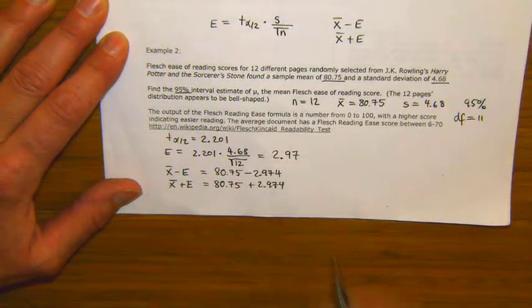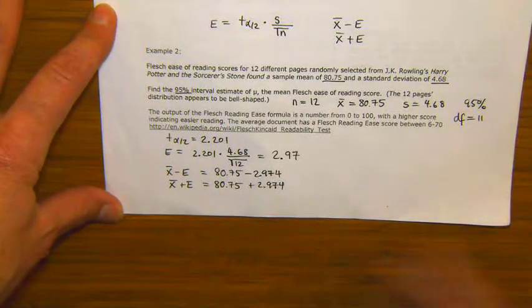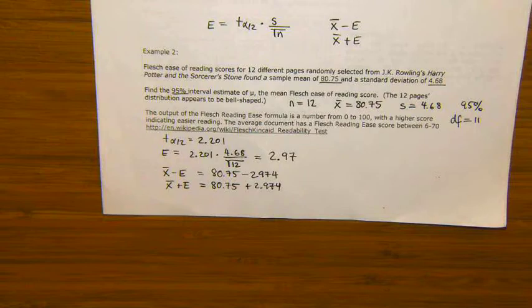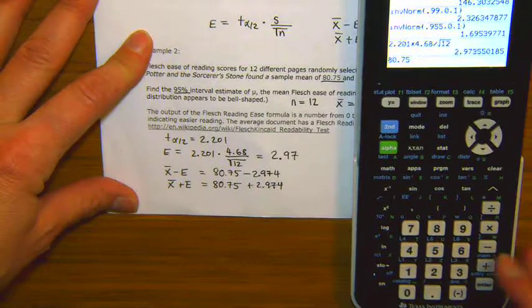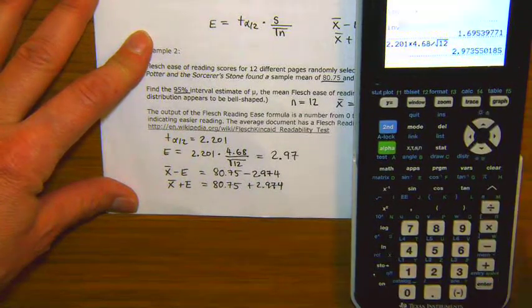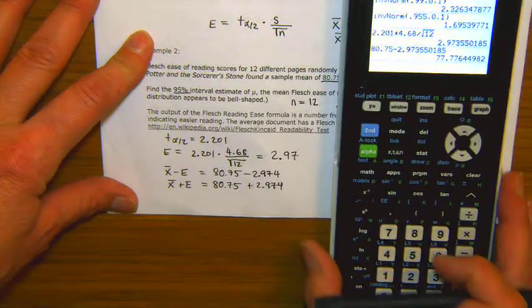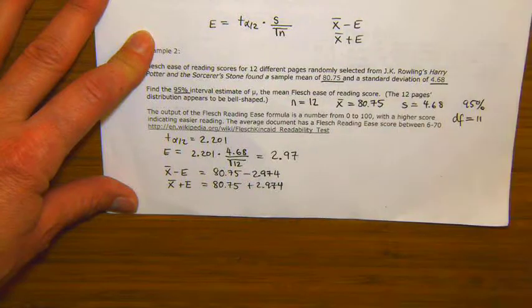Because we're going to round it the same way as our mean was rounded, but you want to carry one extra decimal and then round it afterwards. So 80.75 minus, in fact I can even highlight it and paste it right in here, and then round it to 2 decimals, that's 77.78.